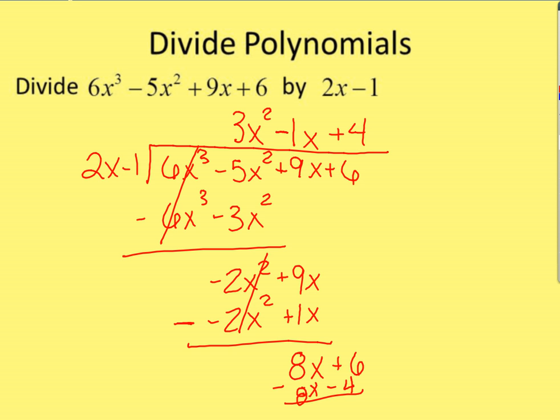And if we subtract down, minus a negative turns plus positive, so that's going to give us a 10. There's no other pieces to bring down, so that is our remainder. So we're going to put the 10 on top and what you divided by on the denominator. So our answer will be 3x squared minus 1x plus 4 plus 10 divided by 2x minus 1.